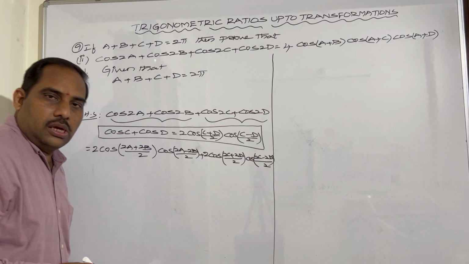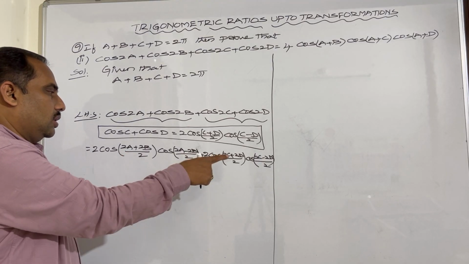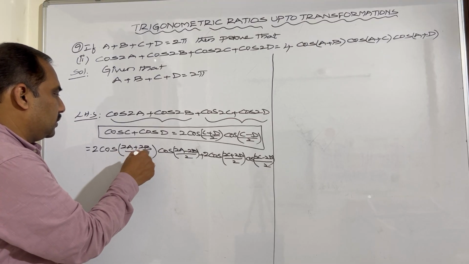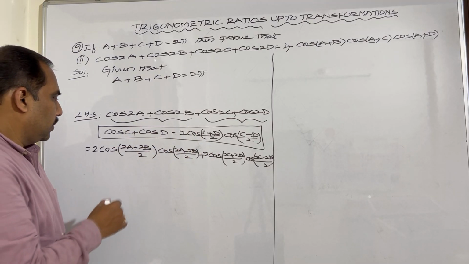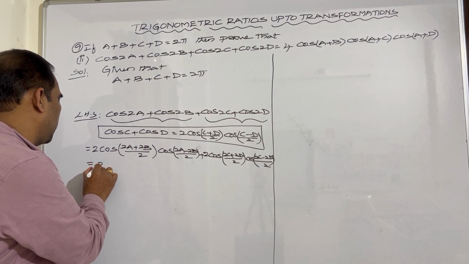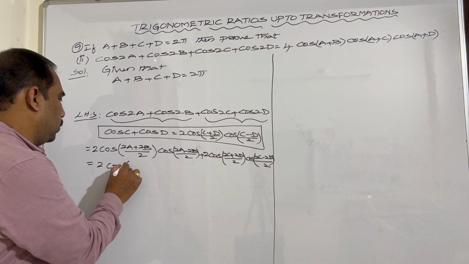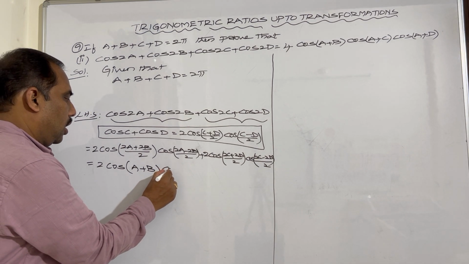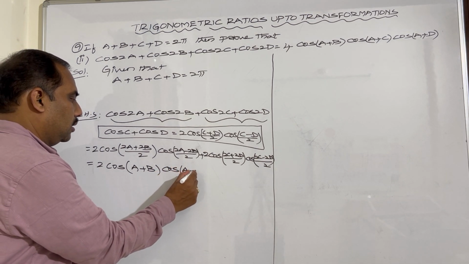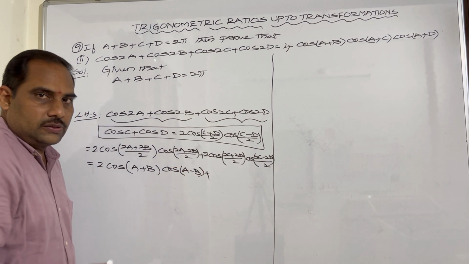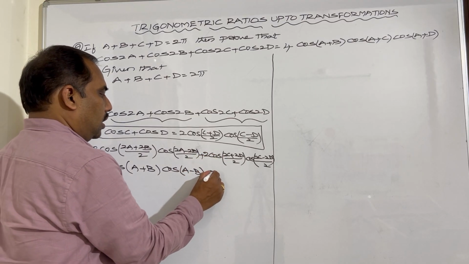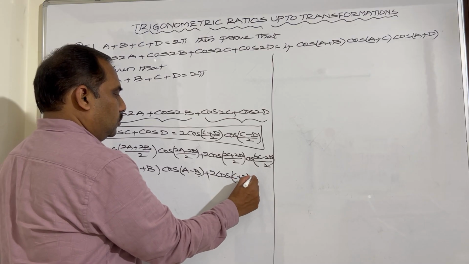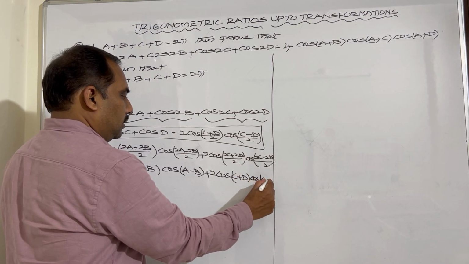If you observe, in all the terms, if you take the 2 common, then the 2 gets cancelled in the numerator and denominator. We get 2 into cos of a plus b into cos of a minus b, plus 2 into cos of c plus d into cos of c minus d.